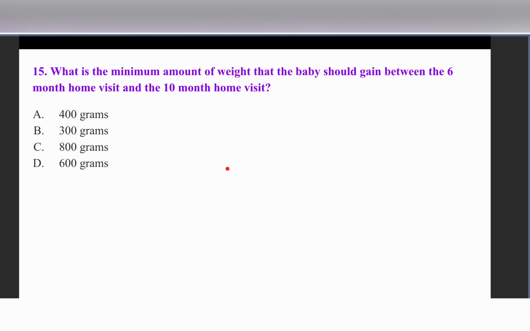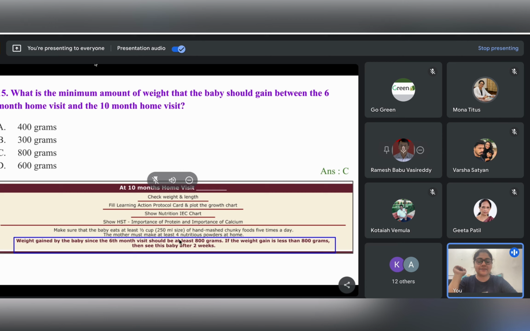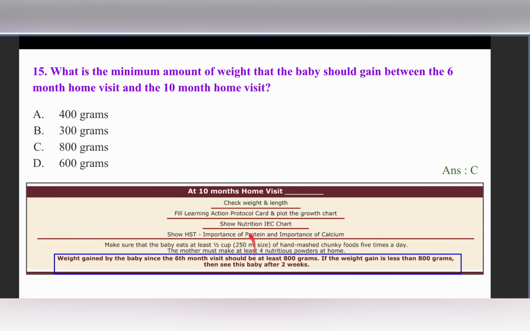Okay, so let's discuss quickly. As we have discussed previously, how do we check the nutritional requirement of the child? It is the amount of food, the consistency of the food and the frequency of the food. For the 10th month old child, it is half a cup of hand mashed chunky foods 5 times a day, with the addition of at least 4 nutritious powders.